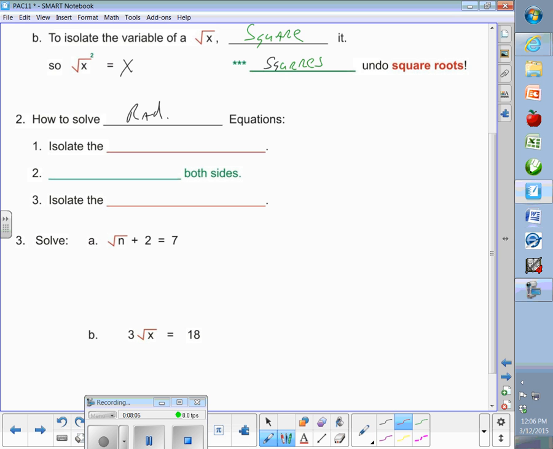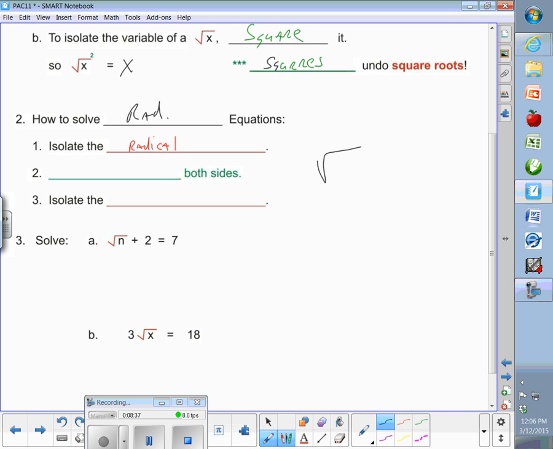First thing, your first goal, the first thing you're after, and that's why it's number 1, is isolate the radical. Get the radical all by itself. Once you have the radical all by itself, what undoes square roots? Squares. Do you think it would be legal? Don't write this.